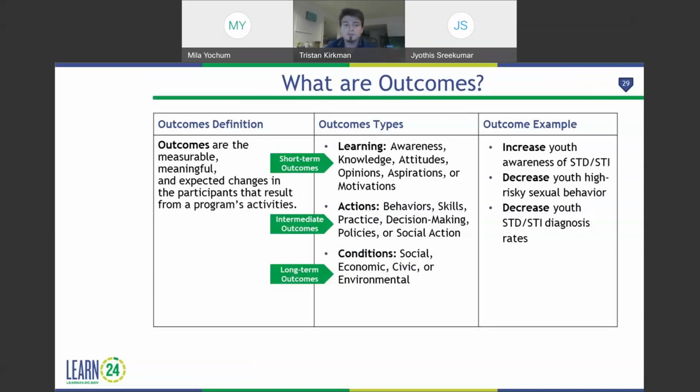And long-term outcomes are characterized as changes in condition or status in life that result from a beneficiary's new behaviors or actions. So if we have an increase in awareness of STDs, then that might decrease the risky sexual behavior of certain youth. And if that behavior occurs frequently, then you might have the long-term change in condition of lowered diagnosis rates.